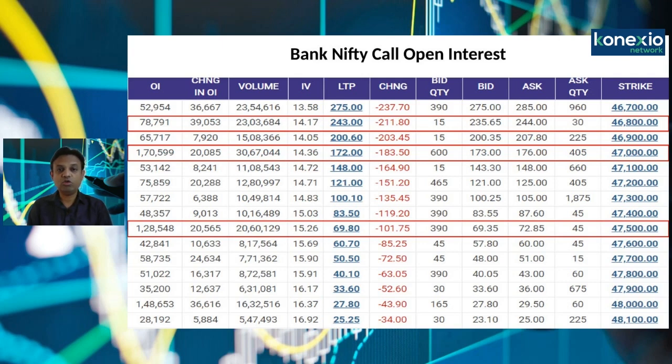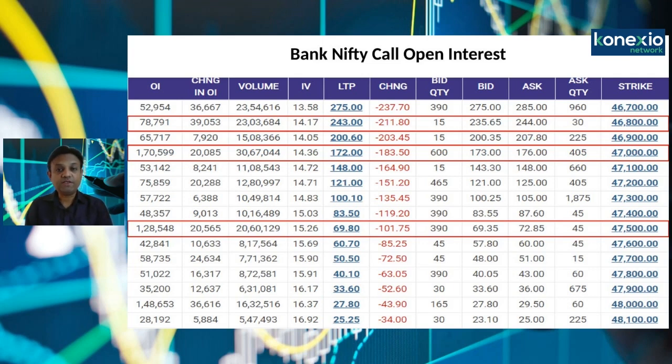There has been a rise in the open interest, rise in the volumes. So now the crucial level is 47,000. Before that, the two strike prices that are also important are 46,700 and 46,800.